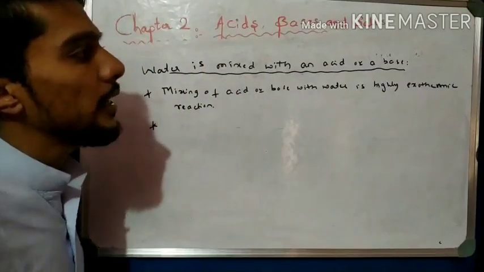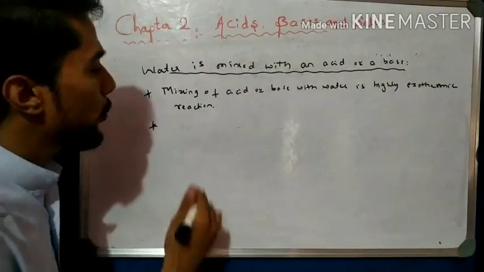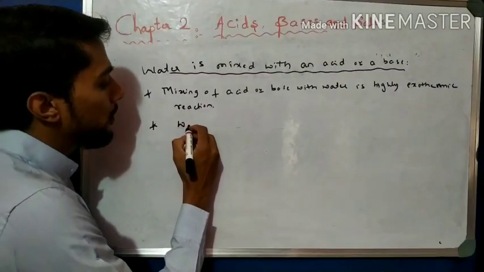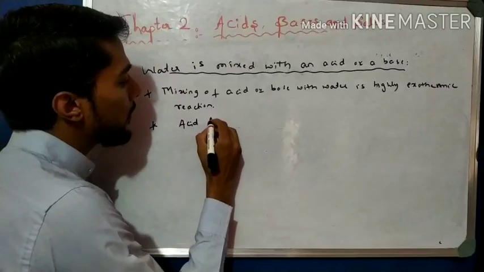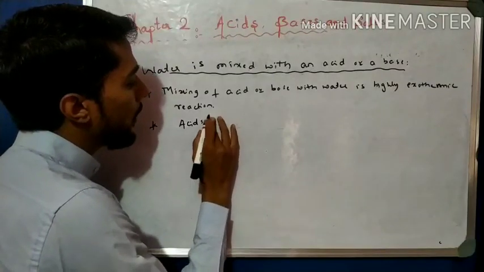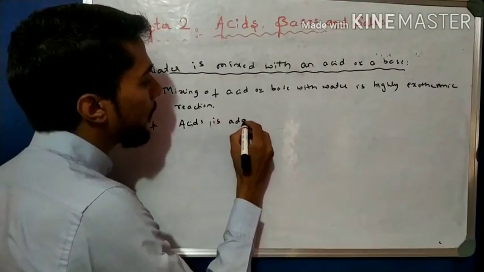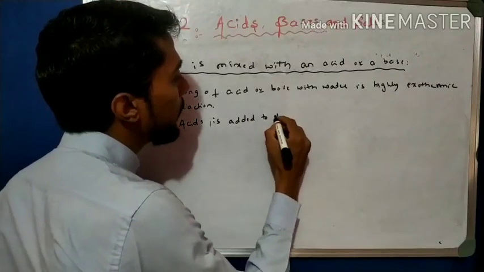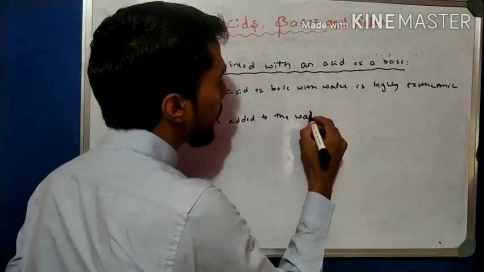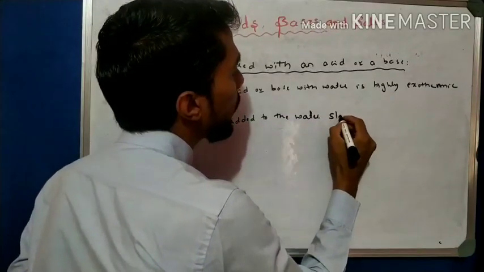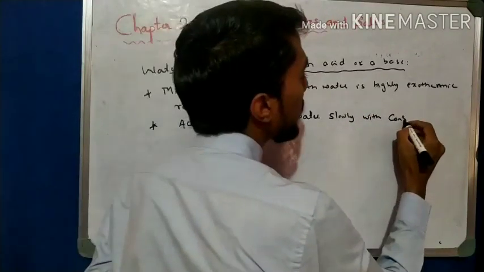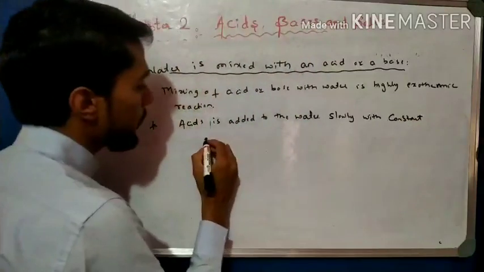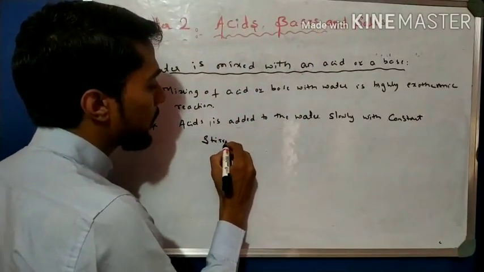The best method to mix water and acid is that you must add acid to the water. Acid is added to the water slowly with constant stirring.